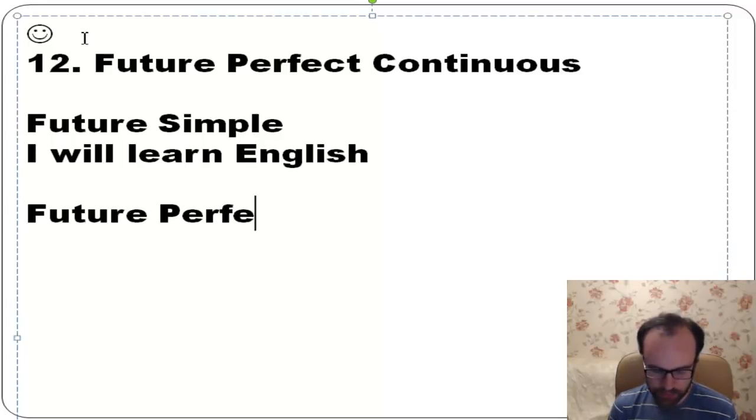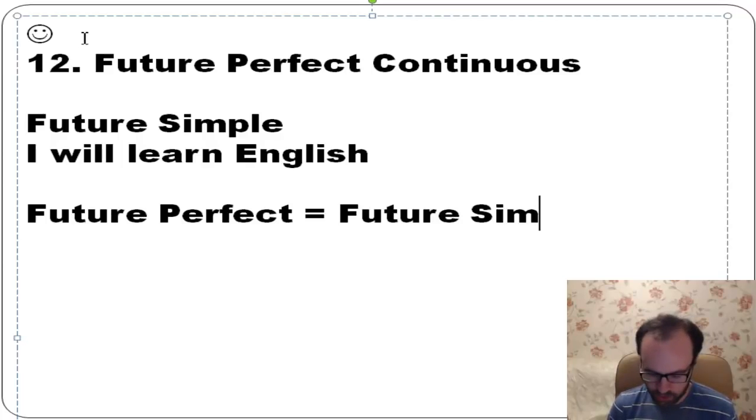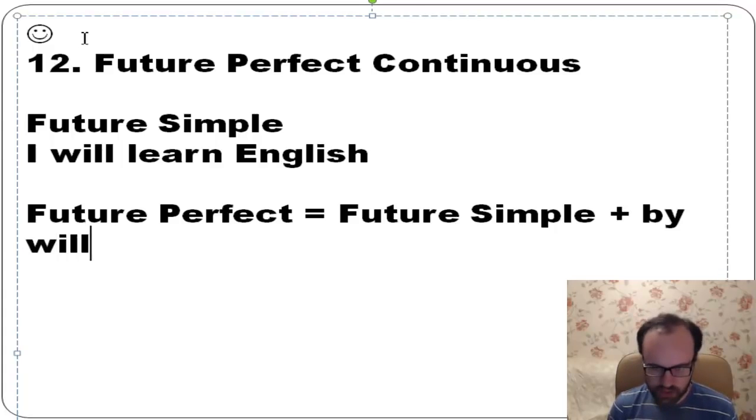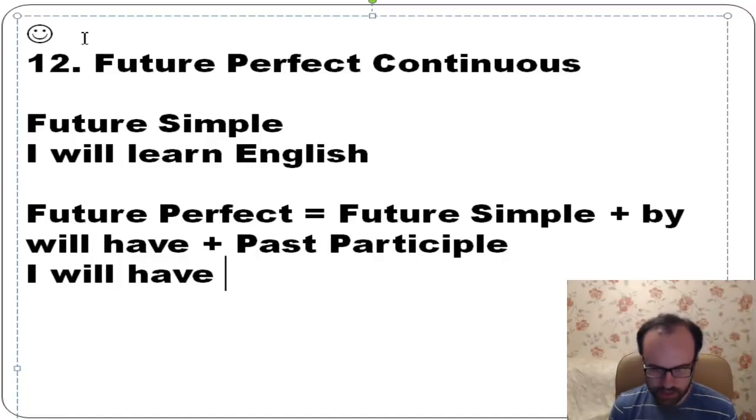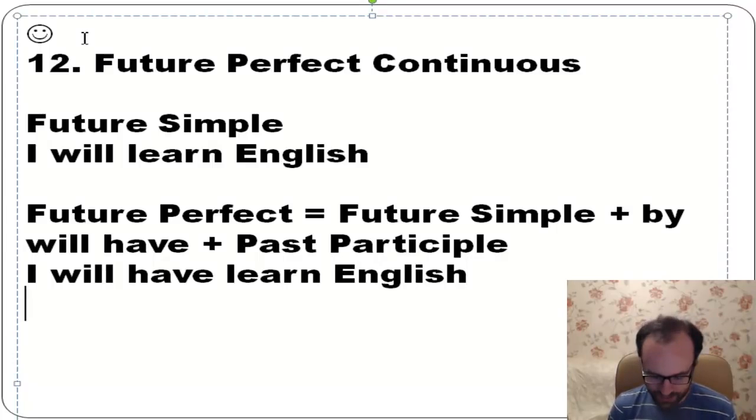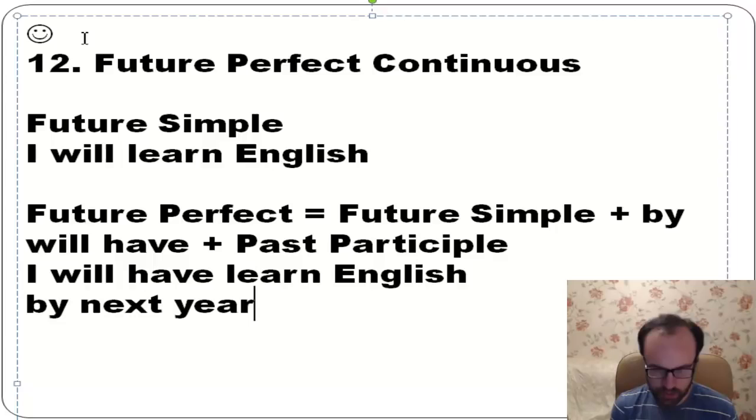It's future simple plus by, and we form it this way: will have plus past participle. I will have learned English by next year.